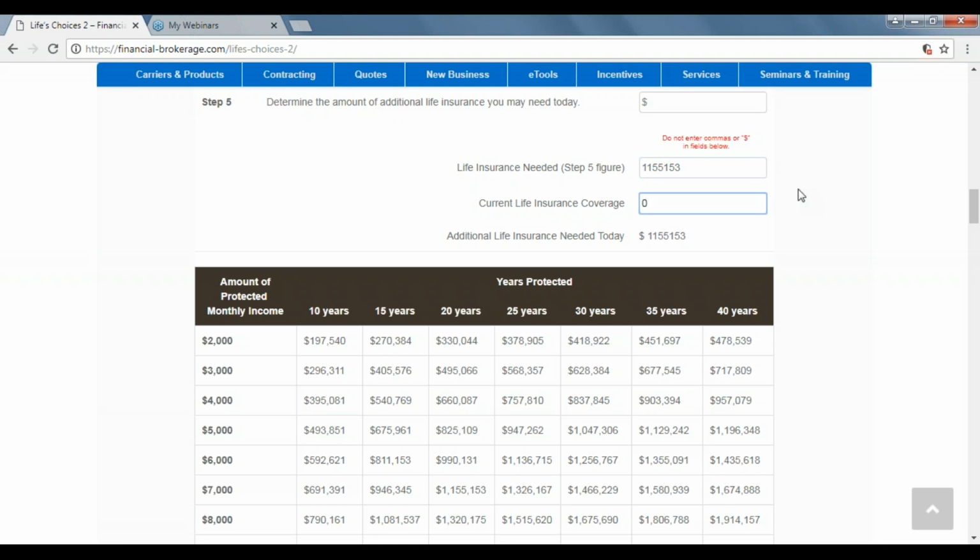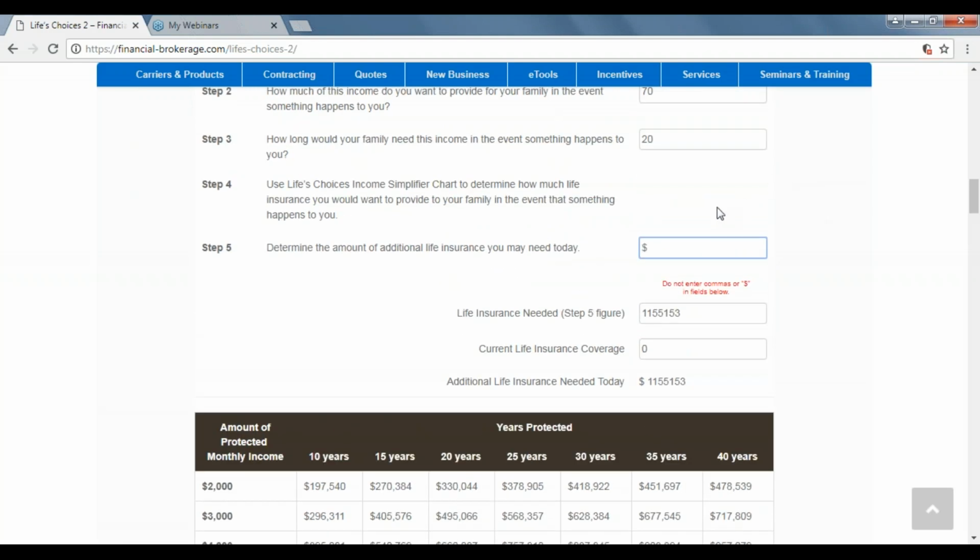Current life insurance coverage. We're going to assume this family doesn't have any right now. Least important part of this tool, you can come up with these numbers from other resources.